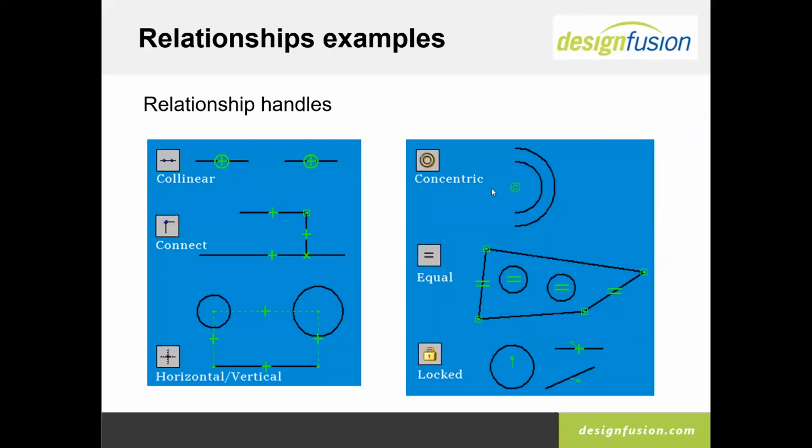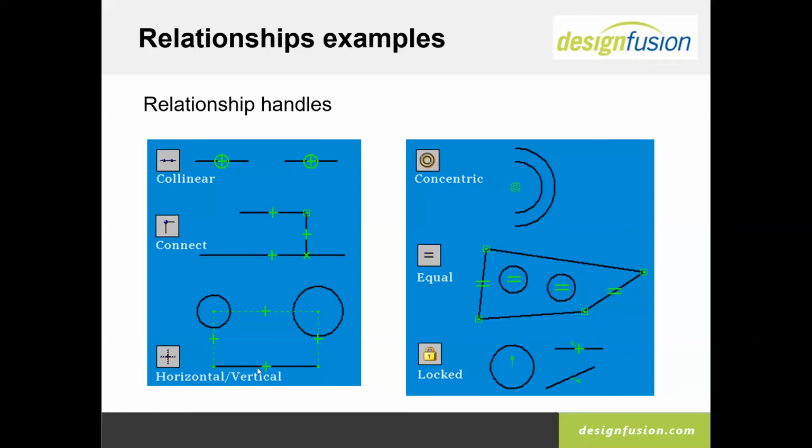So here's the most common relationships. For example, these two lines are collinear. Here we have connect. So this is connected at the endpoint. This is connected on the line, but not at a key point. These handles will be red inside of your system. I've got them green here just so they highlight.